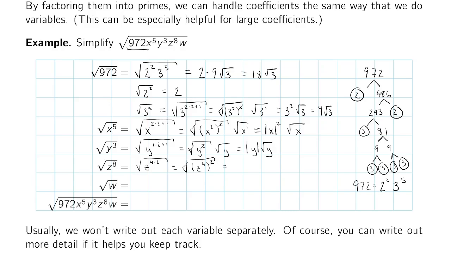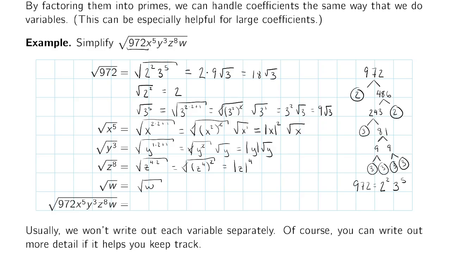And we're just left with the absolute value of z to the 4th. Again, we need an absolute value because it's an even root of an even power. Finally, square root of w. Well, there's really nothing we can do with that. w is just w to the 1st power. We'll just leave that as square root of w.